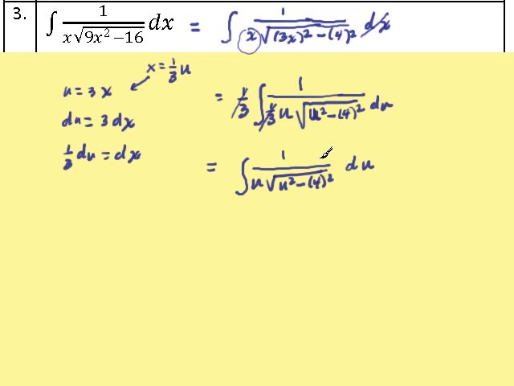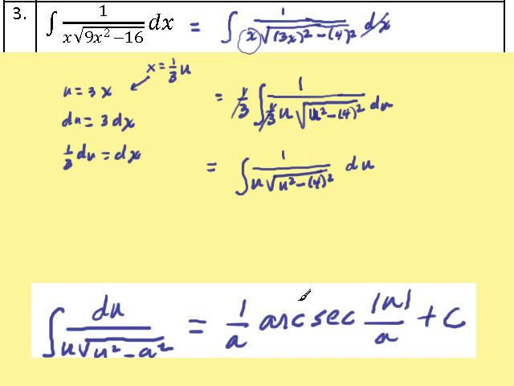Let's look at that again. So here we have that third form, and this is exactly of that third form. A is 4, so let's just integrate according to this. So here we have 1 over a, we have 1 over 4 arcsecant, absolute value of u over a, over 4, plus c.